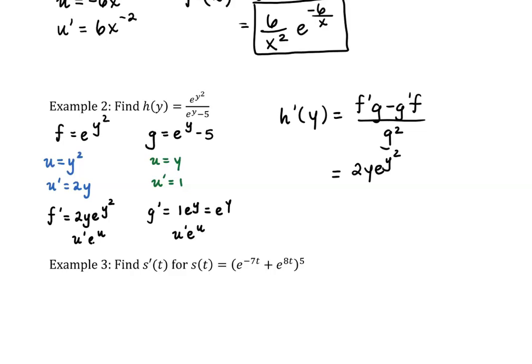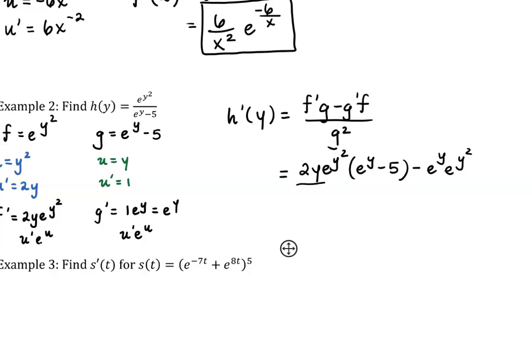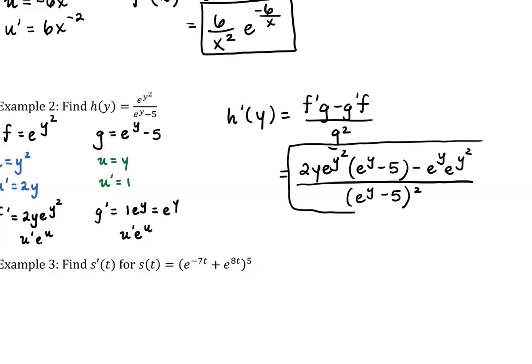And then we're multiplying that by g, which is e to the y minus 5. And then from that, we are subtracting g prime, which is just e to the y, and that's multiplied by f, which is e to the y squared. And then all of this is divided by g squared, which is e to the y minus 5 all squared. And this is our derivative for example 2.